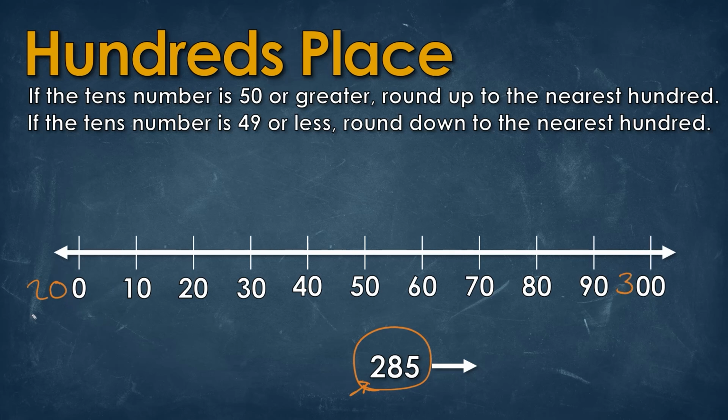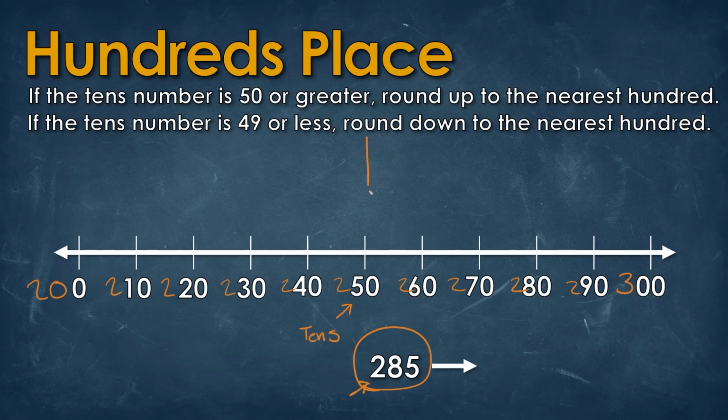Because you have 200, 300, 400, we want to just go up 100 more. So we can fill this in. This will be 210, 220, and so on. Whenever we're trying to figure out where this value rounds, we take a look at the 50 spot, where the tens place is a 5, or 50.